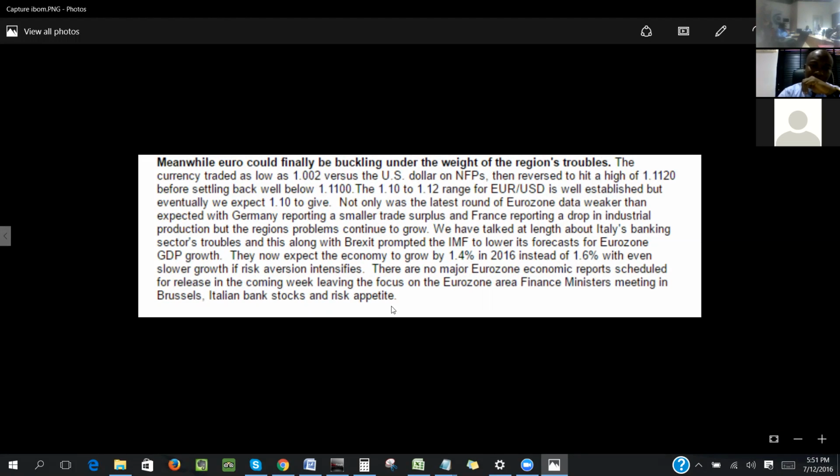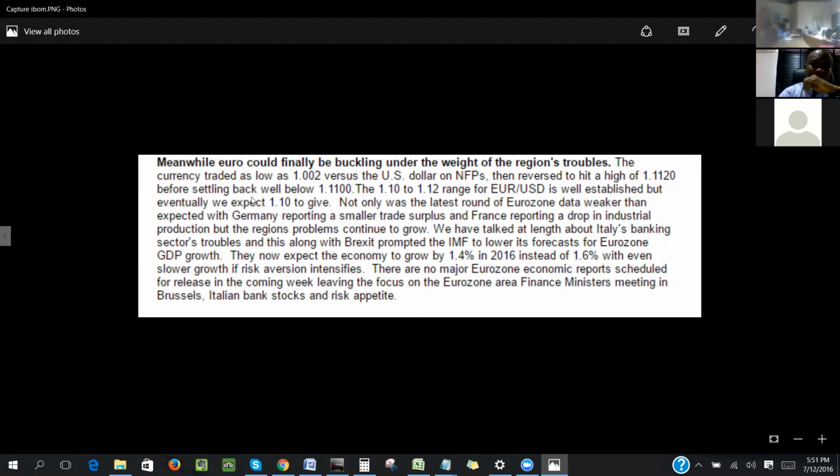Meanwhile, Euro could finally be buckling under the weight of the region's troubles. The currency traded as low as 1.002 versus the US dollar on NFPs, then reversed to hit a high of 1.1120.